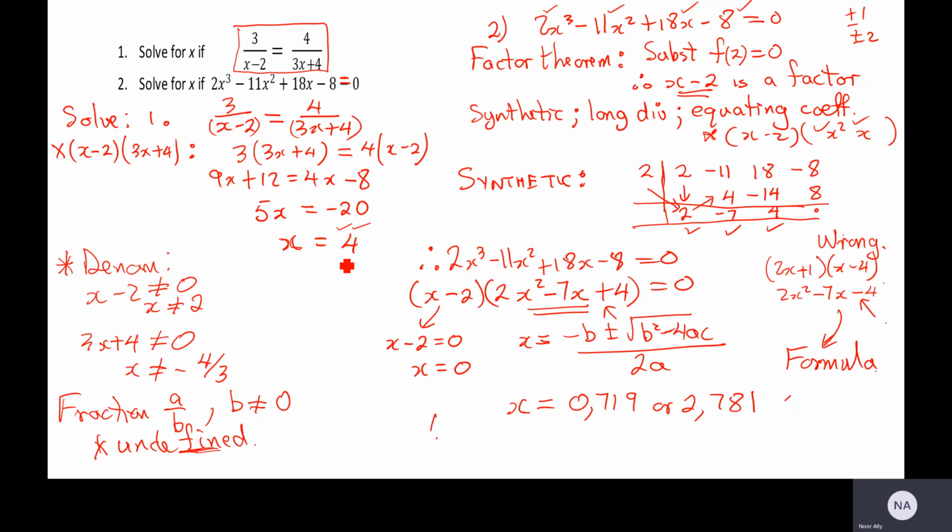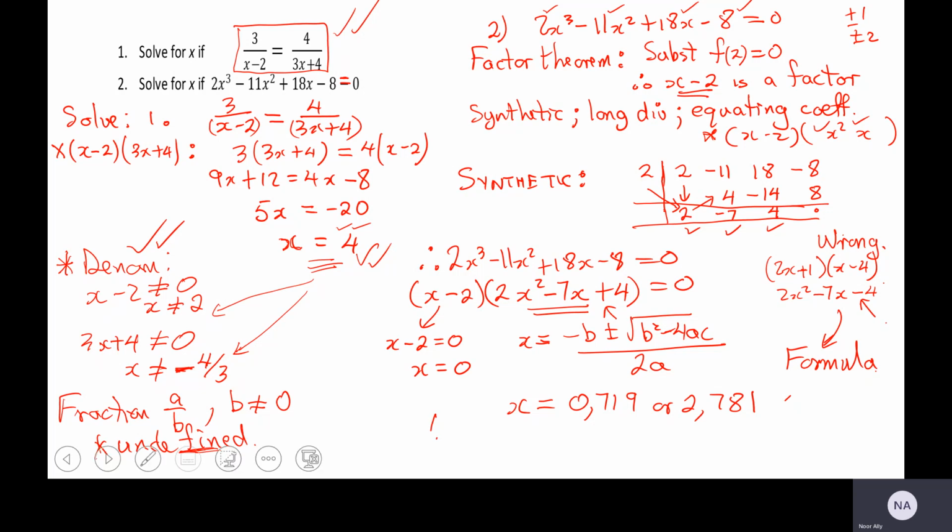Now, in our case, we got an answer x equal to 4, which does not correspond to any of those, 2 and minus 4 over 3, which we have to reject. So in this case, we accept x equal to 4. But please recall, whenever you get fractions, check whether the denominators coincide with your answer.